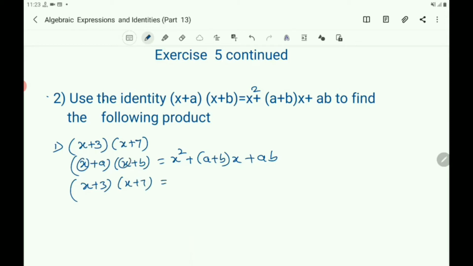In the place of x, there is x only, and in the place of a, 3 is there. In the place of b, 7 is there.